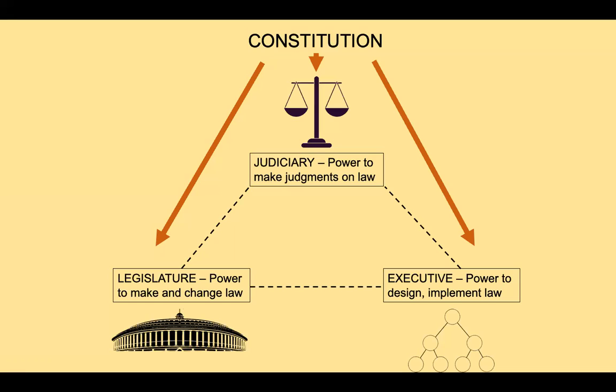Even if we conceive of these institutions as having a separate set of responsibilities in a set of checks and balances, there's really only one actor who evaluates the constitutionality of individual laws, and that's the judiciary, right? And in so doing, the judiciary is the final arbiter.